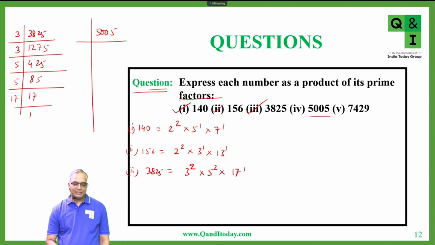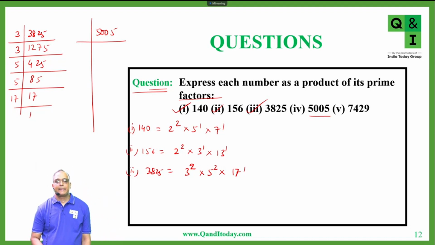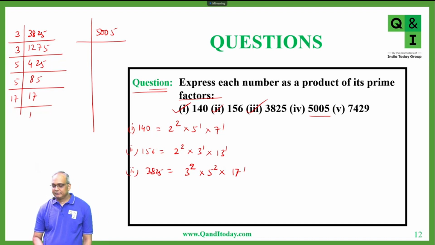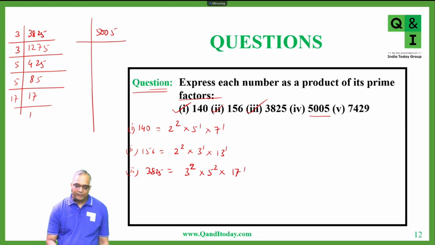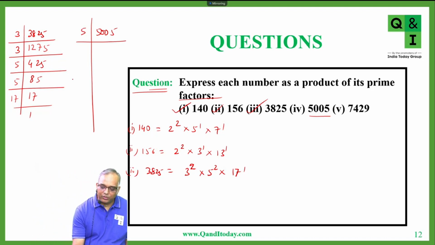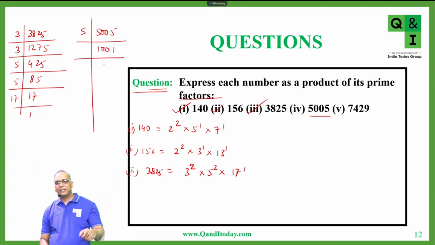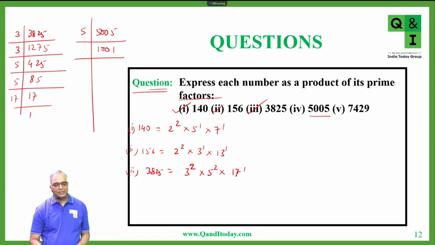Please try it once. So if you divide it by 5, you have 1001, right? It was not divisible by 2 and 3. We checked the divisibility rule.